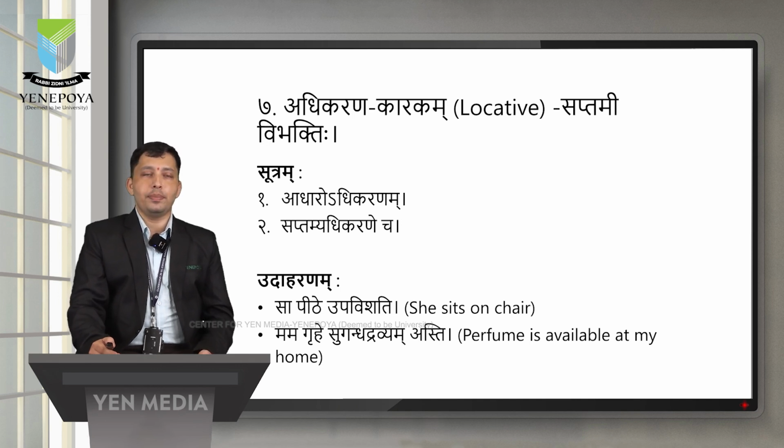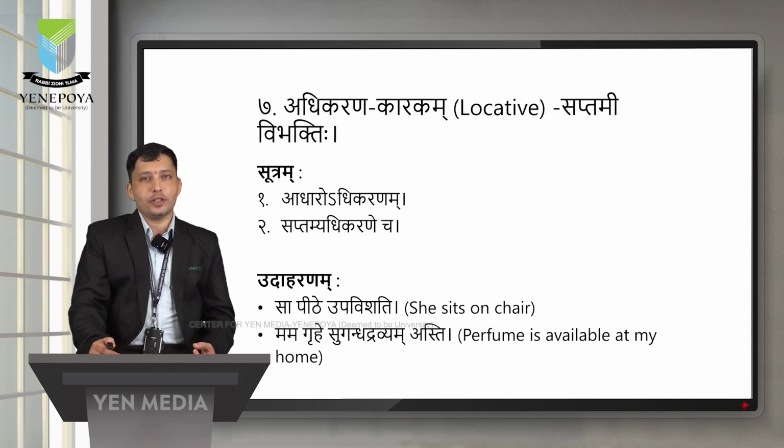Let's see the examples. First is Sa Pithe Upavishati: she sits on a chair. Second is Mama Grihe Sugandha Dravyam Asti: perfume is available at my home. In these sentences we have to concentrate on the Saptami Vibhakti or Adhikarana karaka.